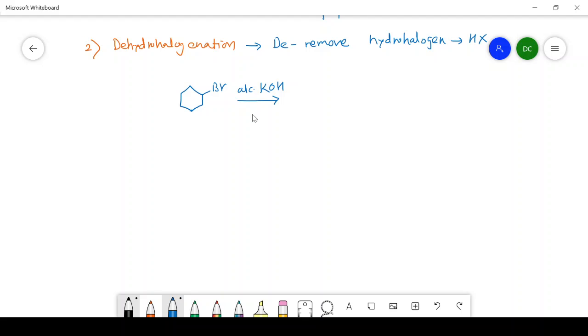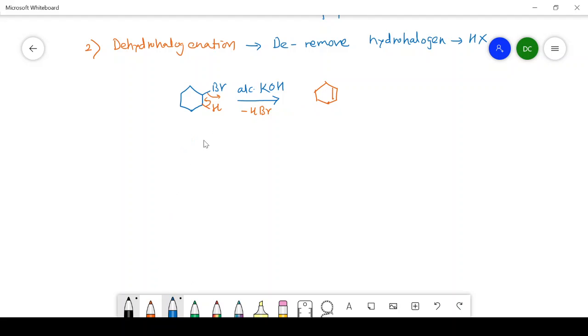There is a dehydrohalogenation, and dehydrohalogenation involves the removal of HX, and the hydrogen came from the neighboring carbon atom. So this hydrogen shifts the electrons here, and it is eliminated as H, and this H combines with Br. Therefore, there is a removal of HBr with the formation of a cycloalkene.